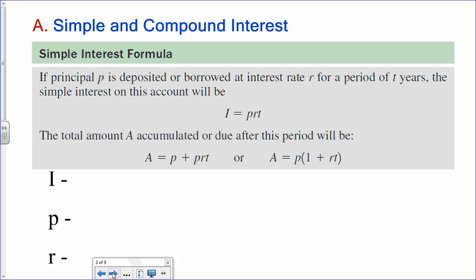So simple and compound interest. So we're going to start with simple interest. Here is your formula. This is a formula to memorize, so I'm going to put a star by it.